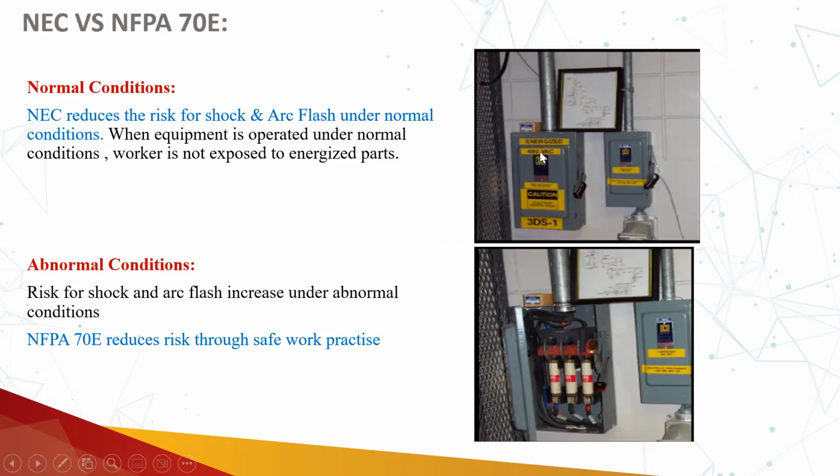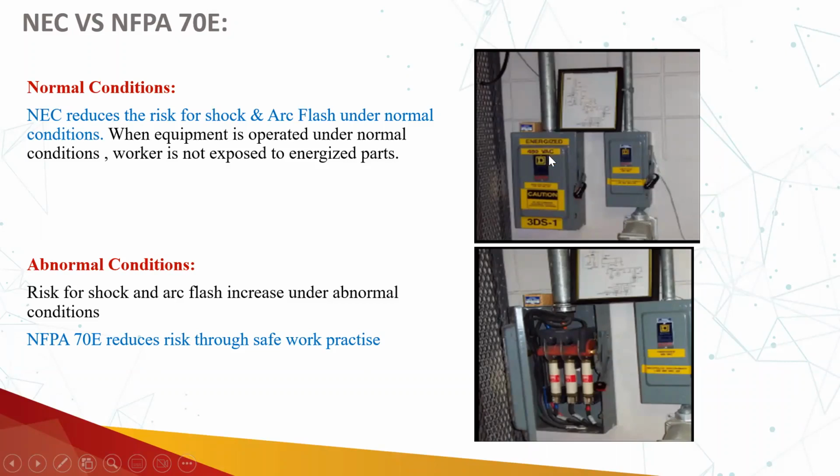That was basically the responsibility of NEC to provide protection or safety to the people. So when the equipment is operated under normal condition, the worker is not exposed to energized parts. So if this equipment was properly installed and it is properly maintained, that equipment will be considered under normal operating condition.